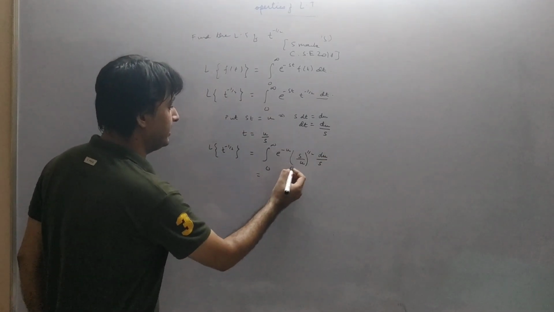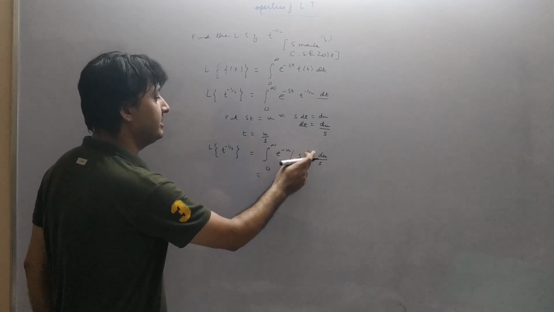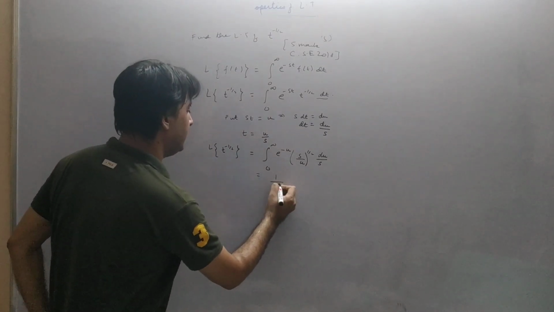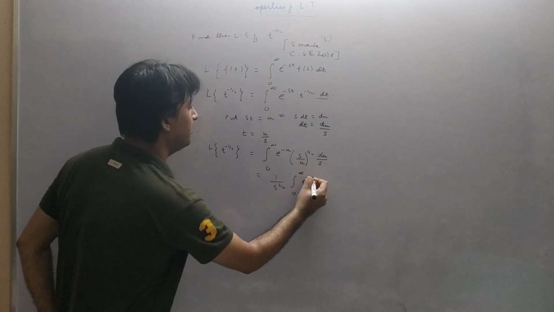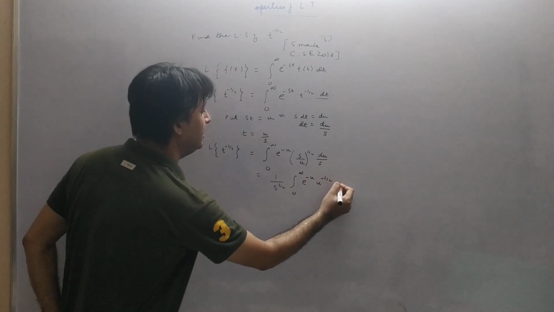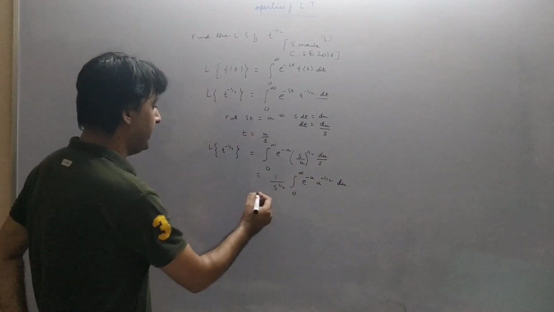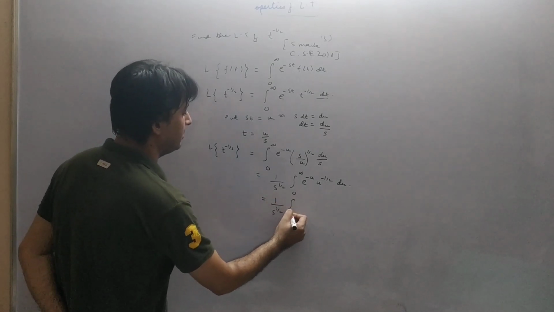So we can take this s outside. We can see s to the power half in the numerator, and the denominator is s. So we can take s to the power minus half outside. This is the integral from 0 to infinity of e to the power minus u times u to the power minus half du. No problem about this.